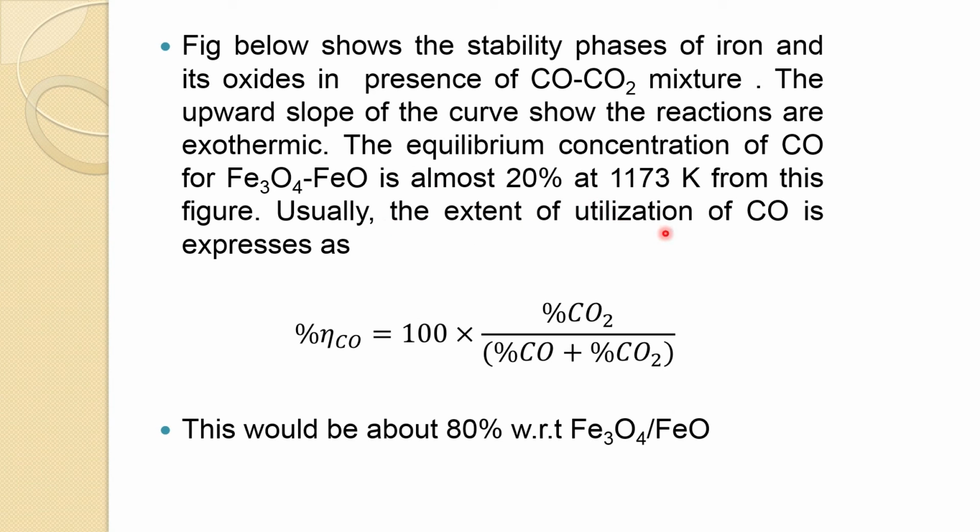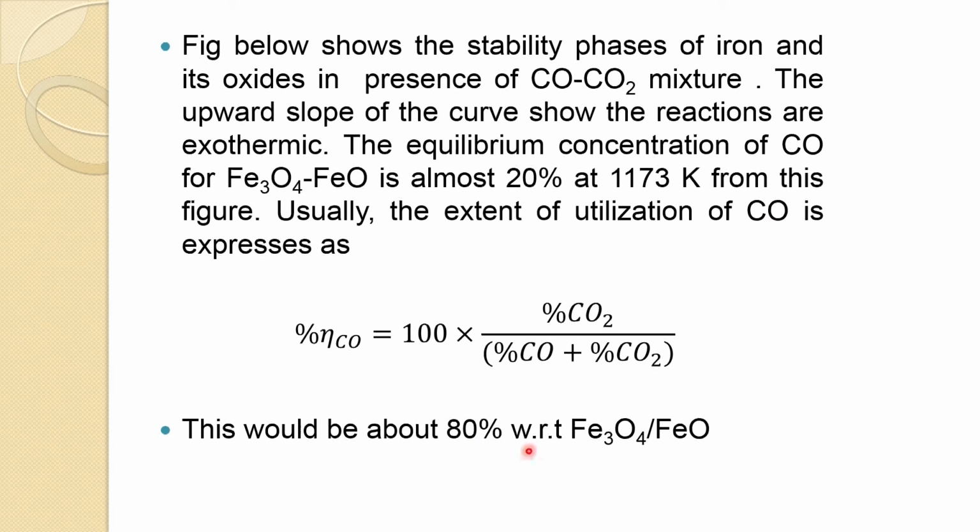And usually the extent of utilization of CO is expressed in terms of efficiency. So, this is the efficiency of utilization of CO, equal to the percentage of CO2 divided by the total percentage of CO plus CO2. The ratio of this tells you the percentage of utilization of CO for the particular reaction.